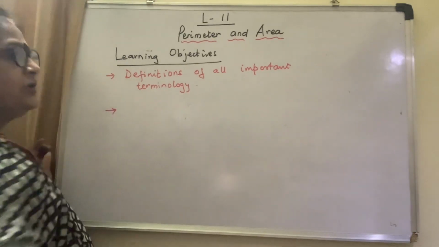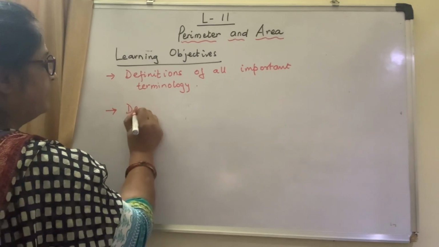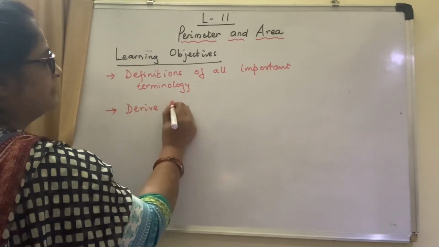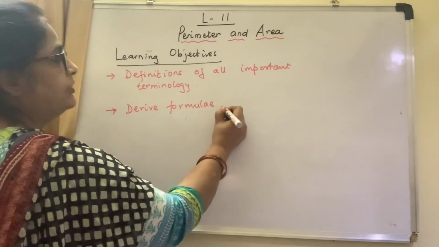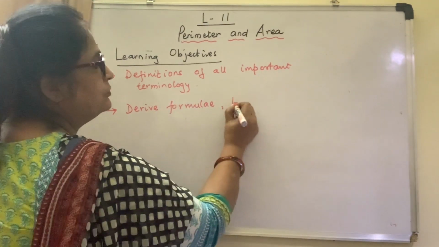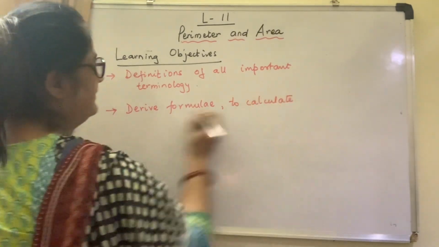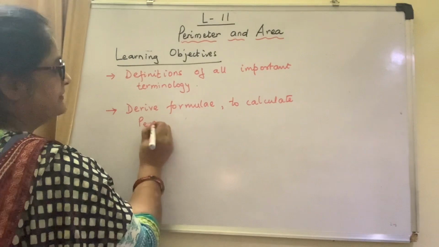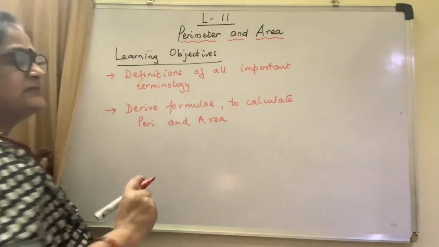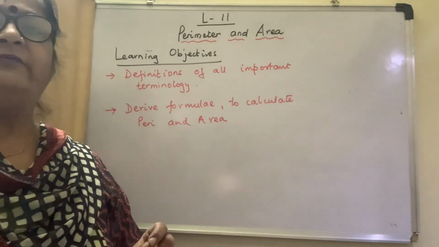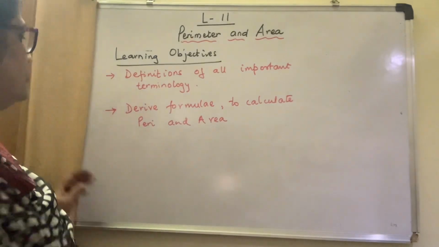Next, you are going to derive the formula to calculate the perimeter and area of certain figures and shapes, regular figures and shapes.